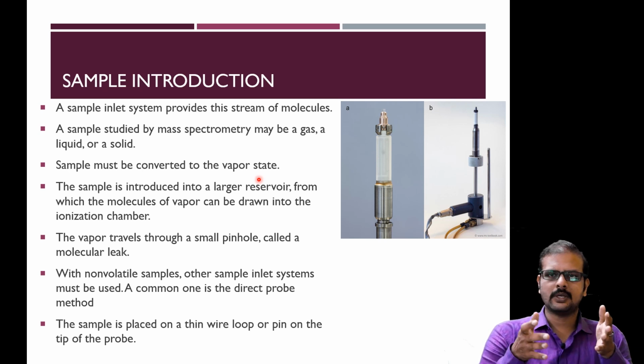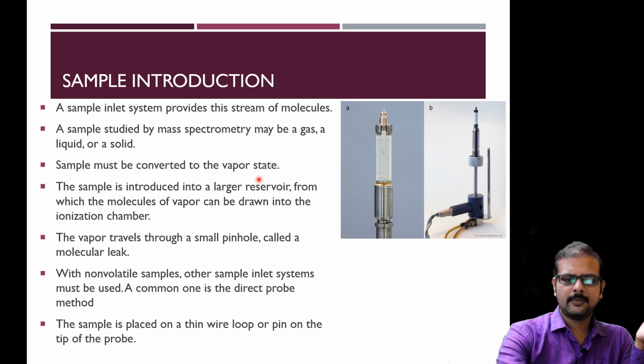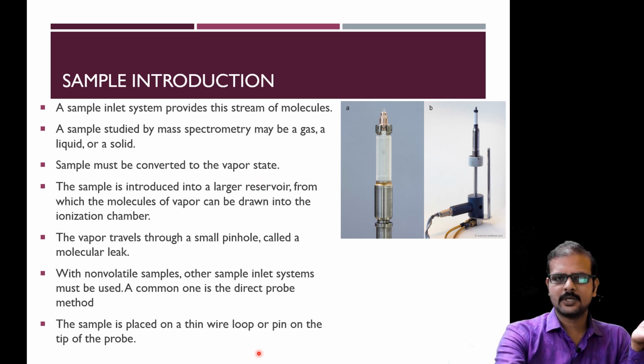This vacuum will develop the pressure required for the conversion of solids or non-volatile liquids into the vapor state. Then there will be a pin at the probe which assures the constant flow rate of these molecules into the ion chamber.